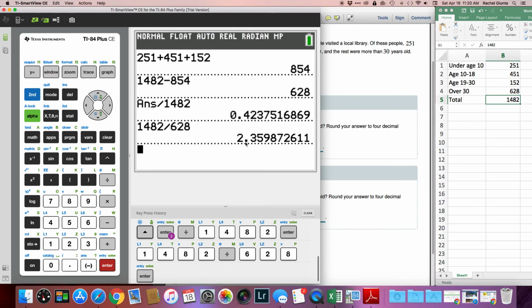If it's asking for a probability, your probability always has to be a number like 0 point blah blah blah. So if you get anything that isn't 0 point something, go back and check and make sure you did the problem correctly. And those are the only two parts of this problem.